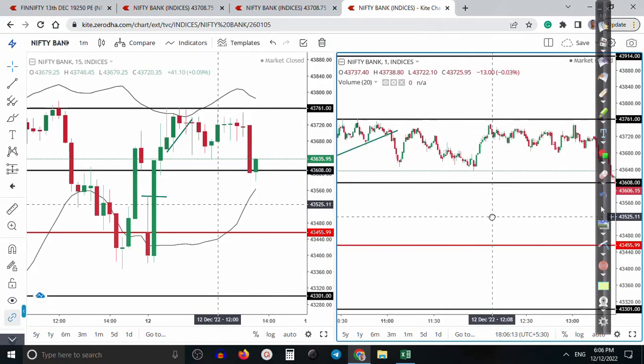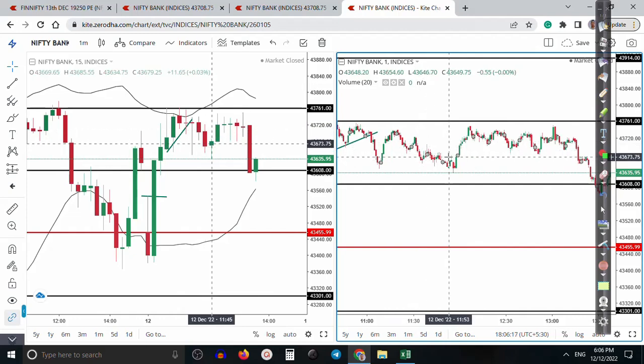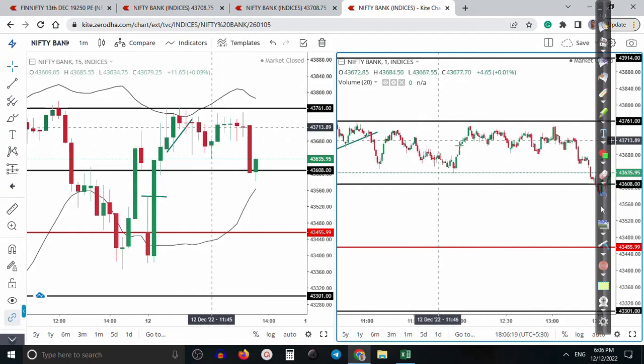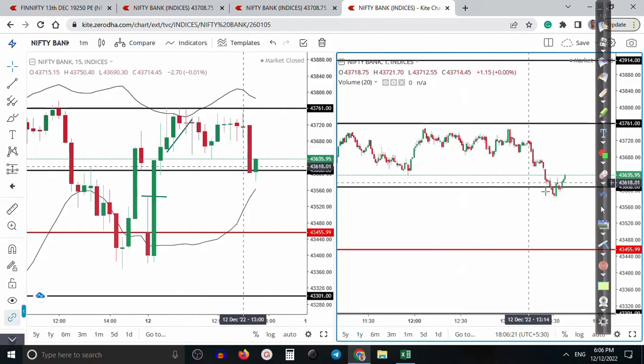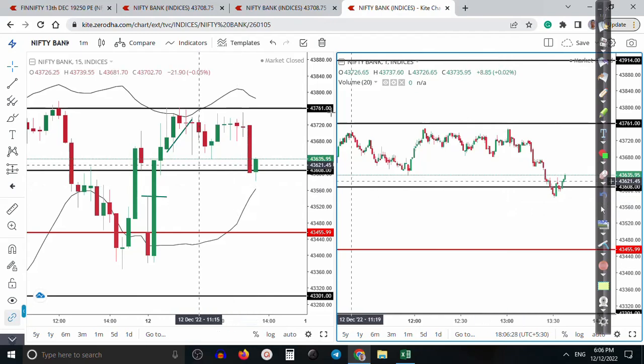Finally, but it took too much time. Some bullish confirmation was forming, but I was not interested in taking any position, so finally we closed our position. We had two trades today. Now let me explain for tomorrow.